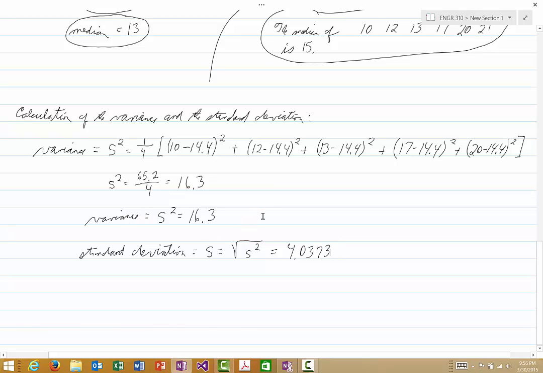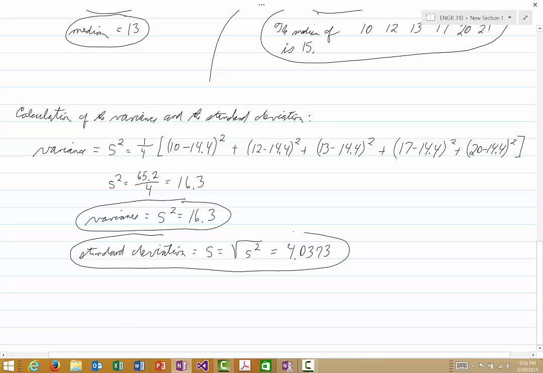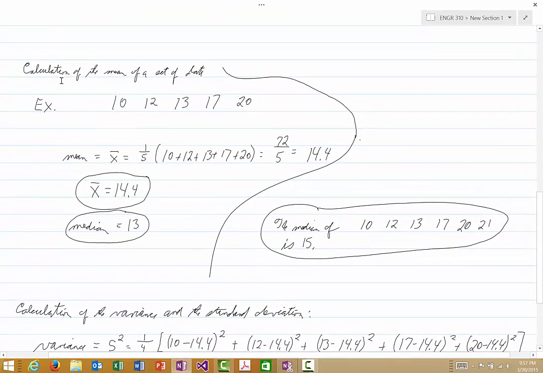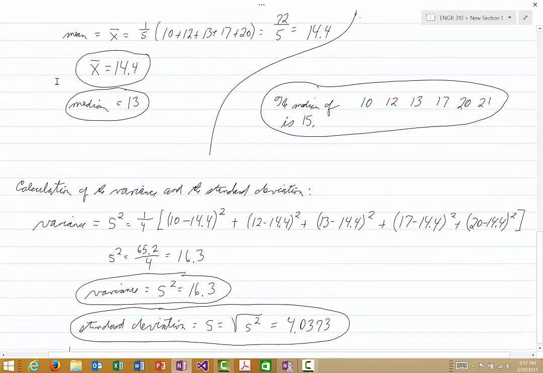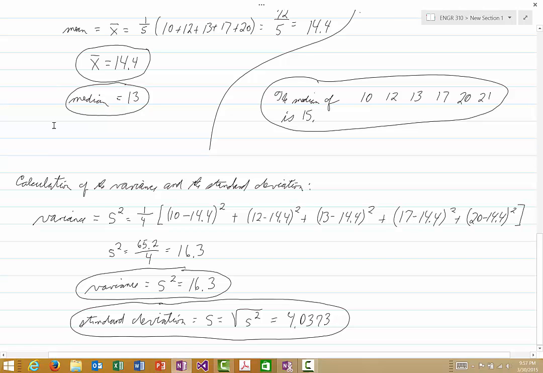So the variance, which again is denoted as s squared, is equal to 16.3, and the standard deviation, which is denoted as s, and is the square root of s squared, will be about 4. To 4 decimal places, it'll be 4.0373. So that's how we calculate the mean, the median, the variance, and the standard deviation of a data set.